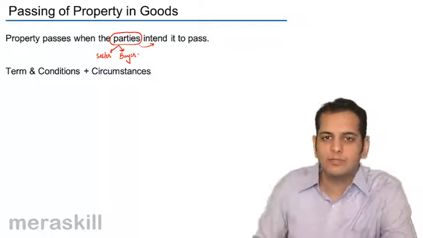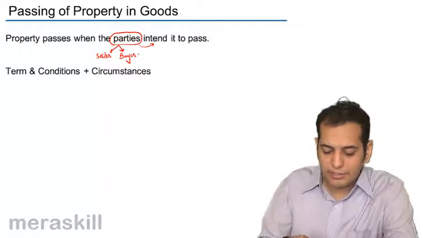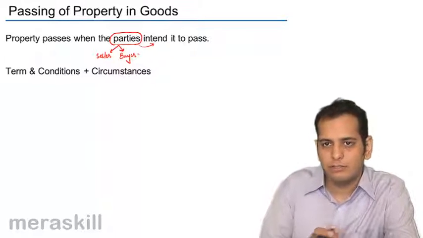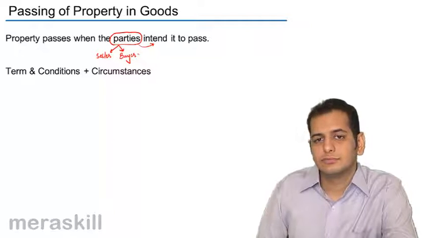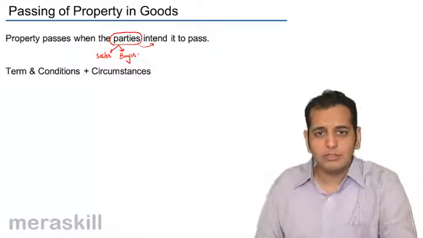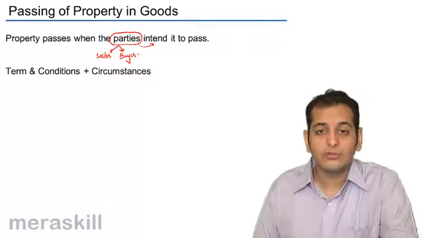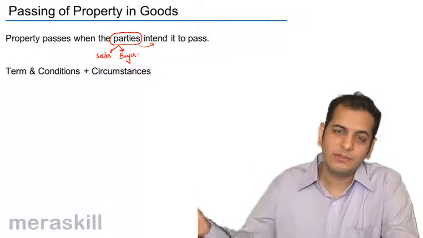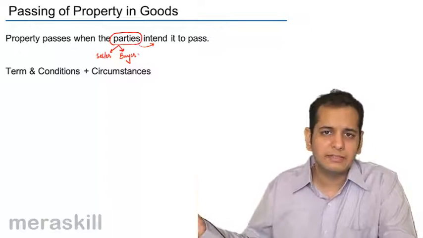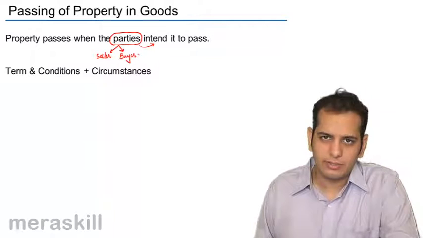It would get transferred after a week, because both the parties want that. Not now, not after 10 days, but after a week. If they want it to get transferred there and then, it will get transferred on the spot. If they want it after a month or after 10 days, it will get transferred after a month or after 10 days. Whatever their will is, whatever their intention is.